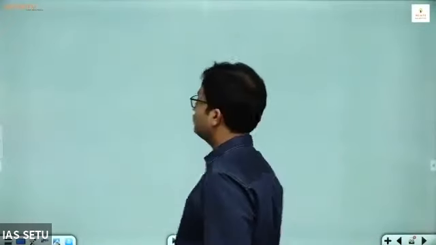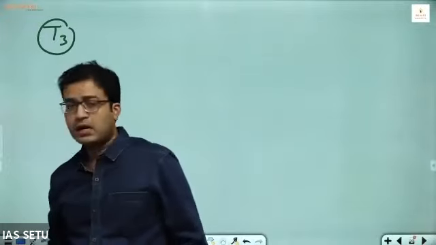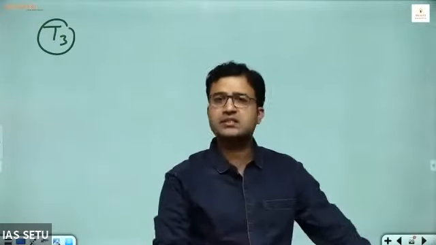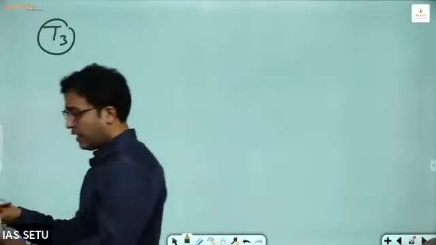Now here we come to type 3. And I keep on telling, this is assistant commandant CPF type, but in CSAT anytime they can ask. 2-3 years back they asked one question on this type 3 in previous years. And what type of questions here? Question number 10 in our handout.